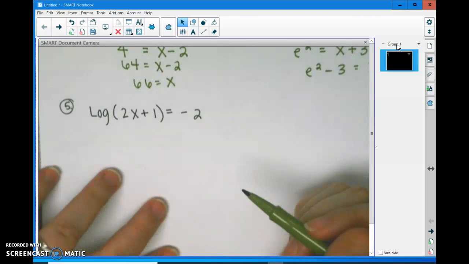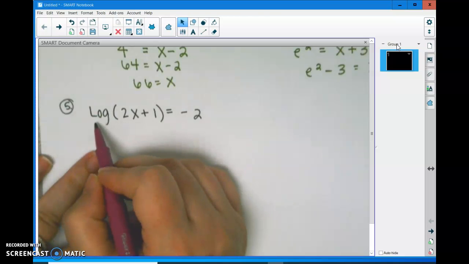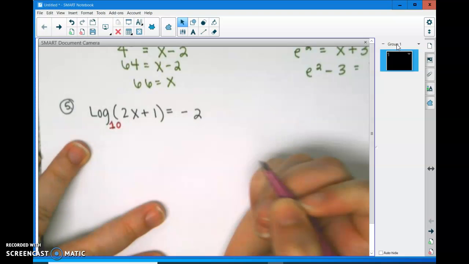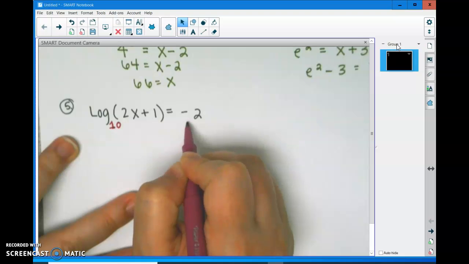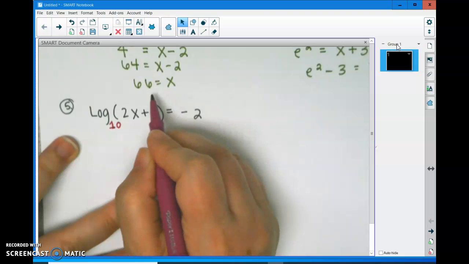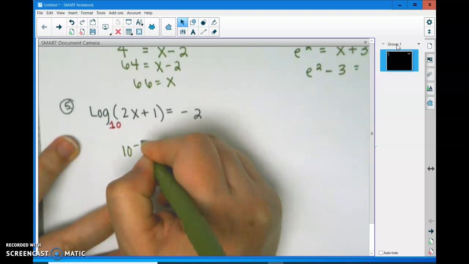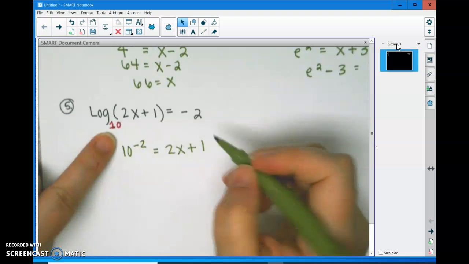All right, number 5 is another special case log. When it just says log and there's no base there, it's an invisible 10. So again, I'm going to have 10 to the negative 2 power equals 2x plus 1. So there's my base.